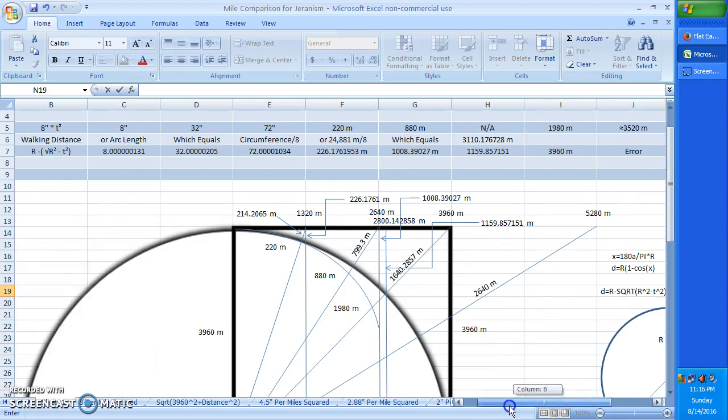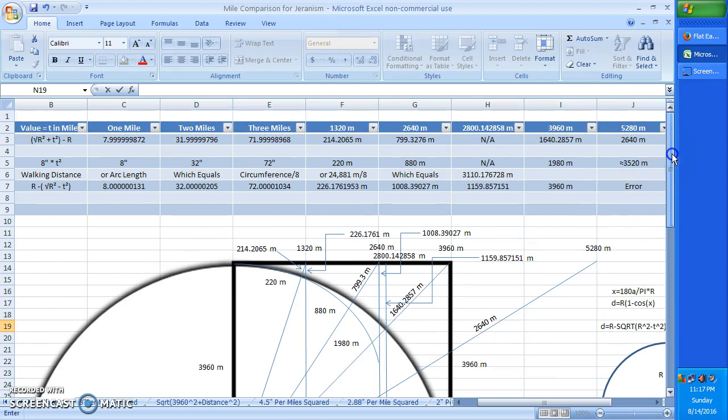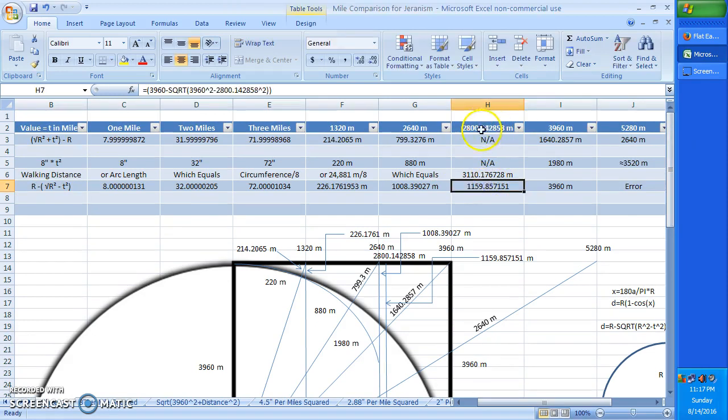So, all in all, at 2,800 miles, and let me show you that we've got it here, the vertical drop at 2,800 miles, and there's the formula for it, is 1,159 miles to intersect at the arc measure of 3,110.